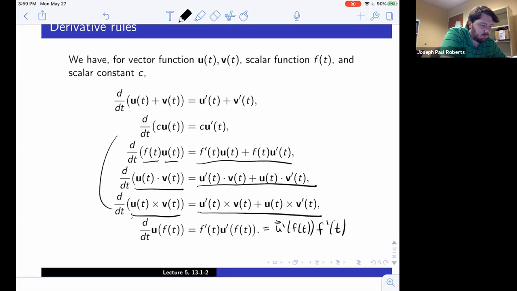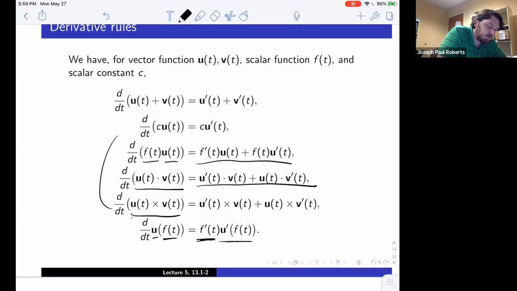Like we usually write 2u instead of vector u times 2, but it doesn't really matter. But if you write it in that more conventional order, you put the scalar thing first and then this here. So for a vector function of a scalar function, the derivative is the derivative of the inside times the derivative of the outside evaluated at the inside. So with Calc 1, scalar functions everywhere, that's not it. We usually write it the other order.